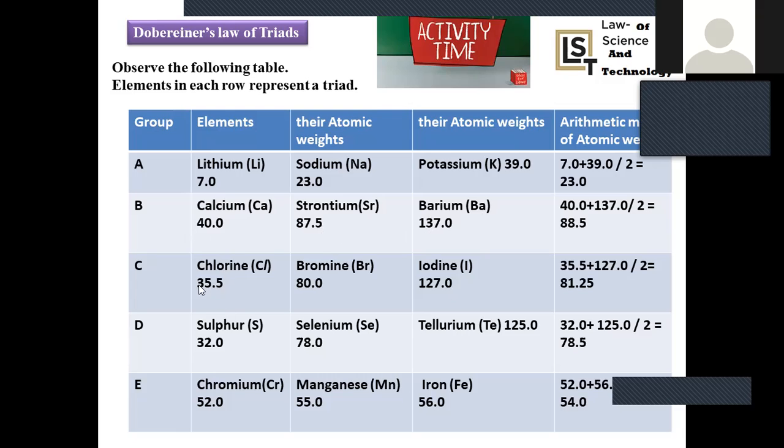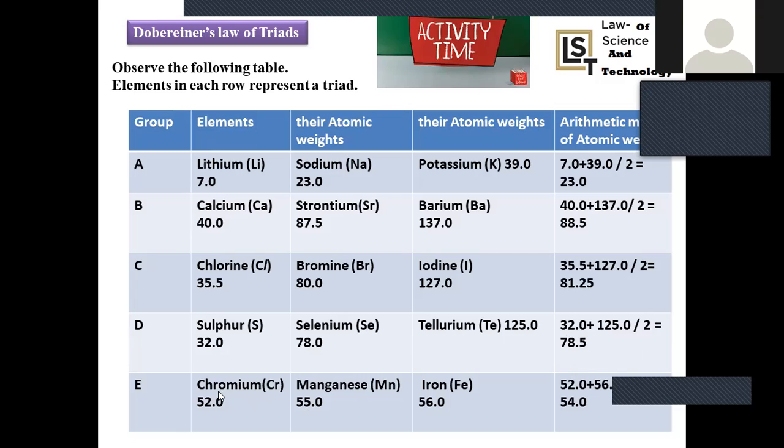When you go with chlorine 35.5, iodine 127, 35.5 plus 127 by 2 will become 81.25, almost resembling the central one, so that is also verified. With sulfur, selenium and tellurium, sulfur with 32, tellurium with 125, 32 plus 125 by 2 will become 78.5, exactly mapping with the central one. So that is also verified. You can say this is also a Dobereiner triad.